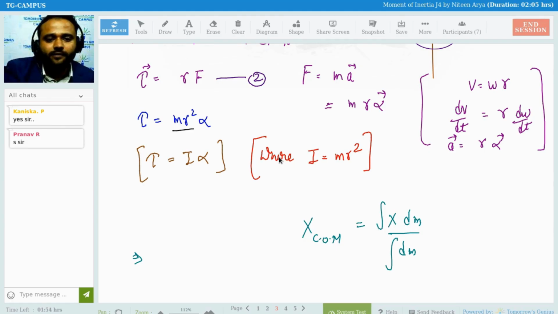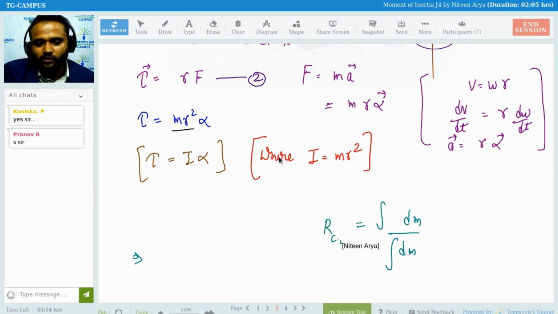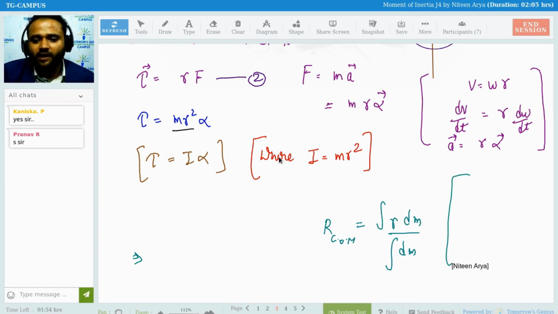And if I want the position of center of mass, that is the integral of r dm over the integral of dm. If we have a linear mass distribution, then that is linear mass density, total mass upon length, and dm is going to be rho dl.